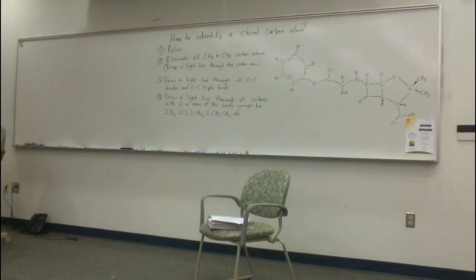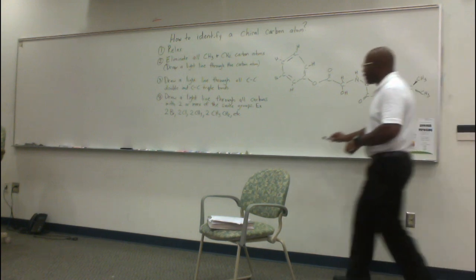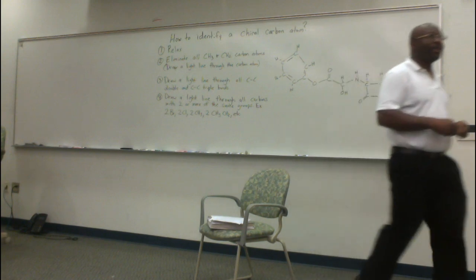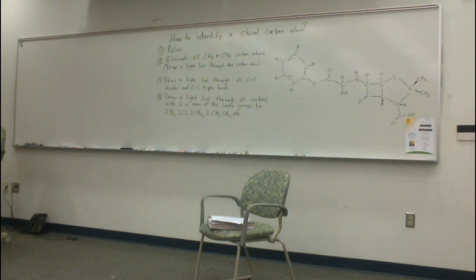We're going to look for all CH3 and CH2 carbon atoms. Let me get a different color marker and go through these carbon atoms. Do we have any CH3 or CH2 carbon atoms?